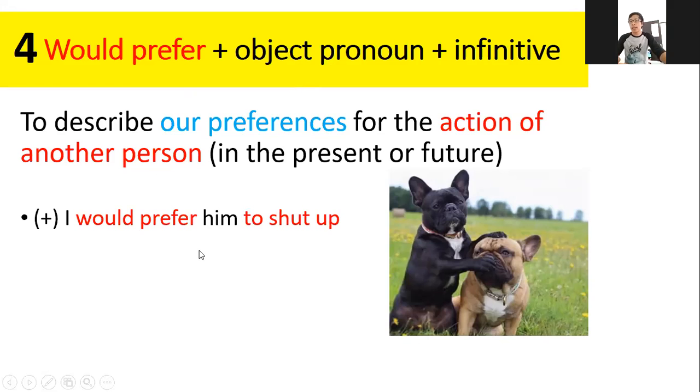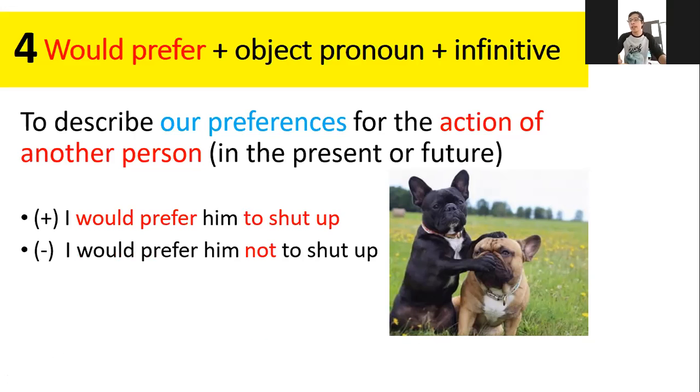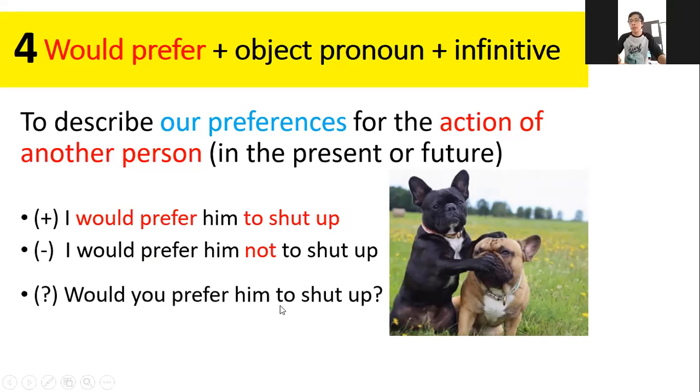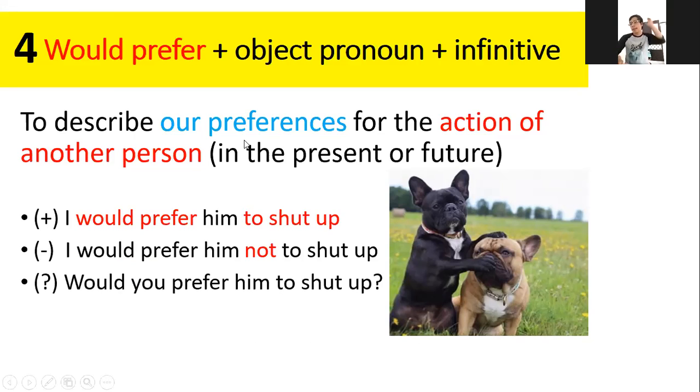So here is the sentence: I would prefer him to sit up, instead of speaking continuously. Or I would prefer him not to sit up. Or in the question form, would you prefer him to sit up? So it is about your preferences about another person. It's not you, but you prefer him or her to sit up.